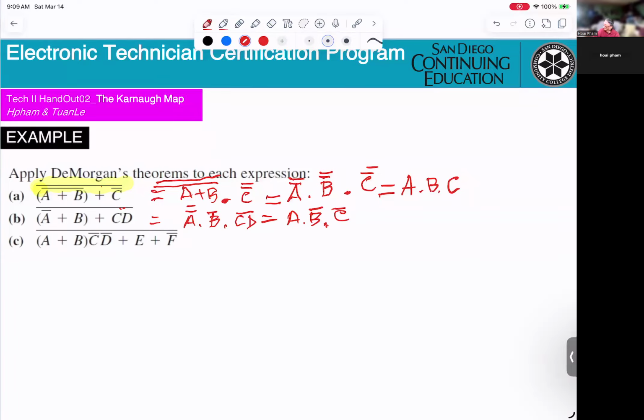Okay? So basically, this tries to simplify the circuitry using De Morgan. Okay?